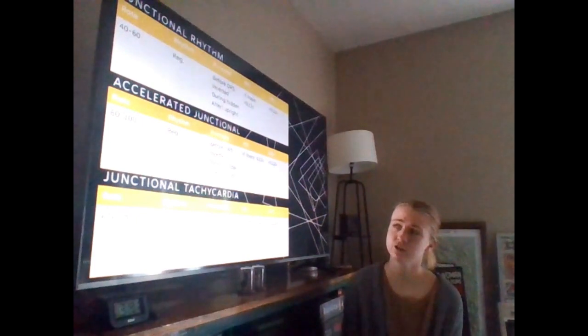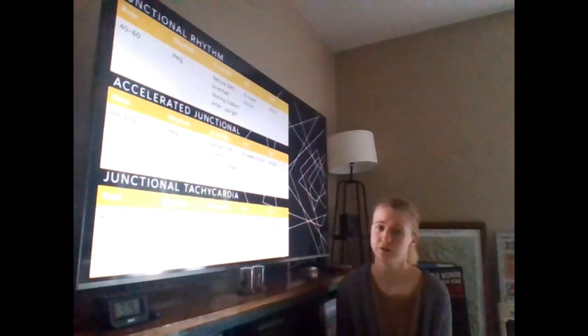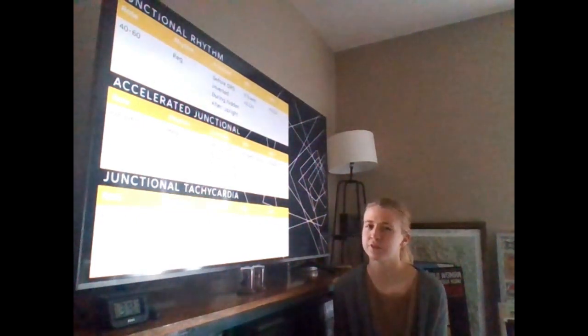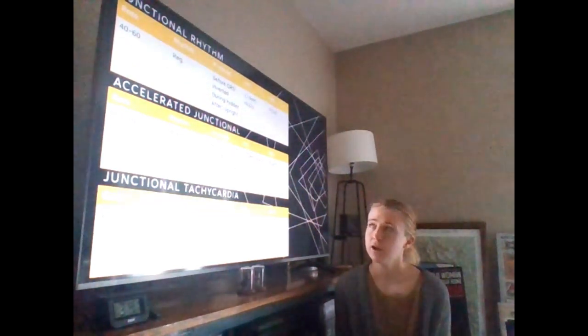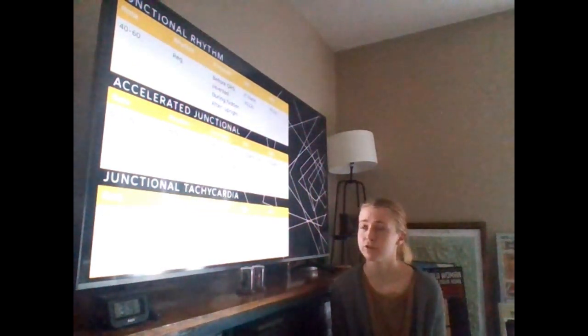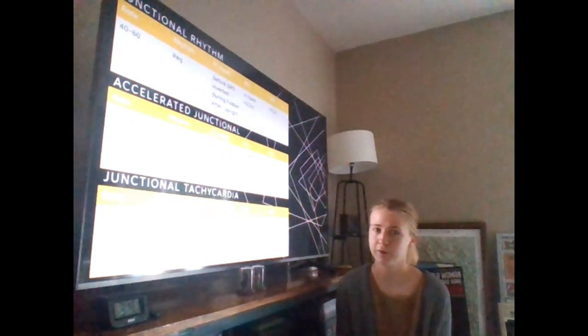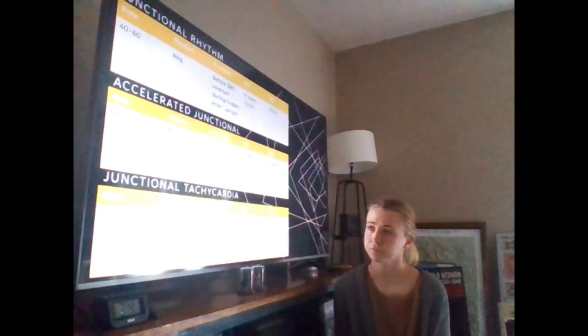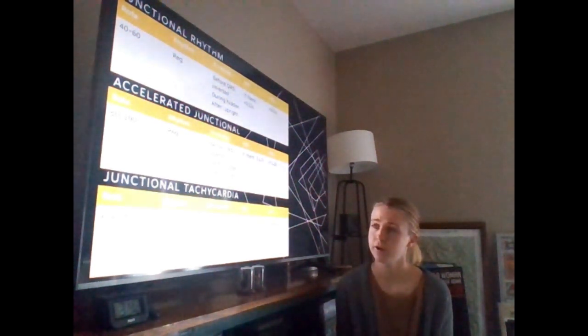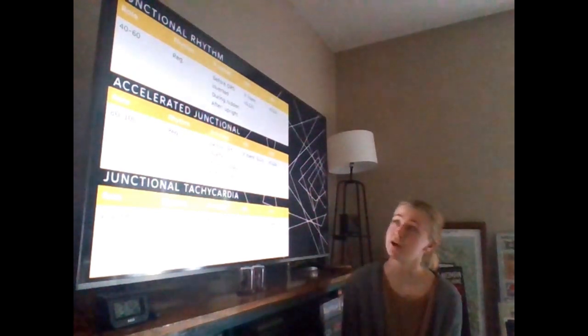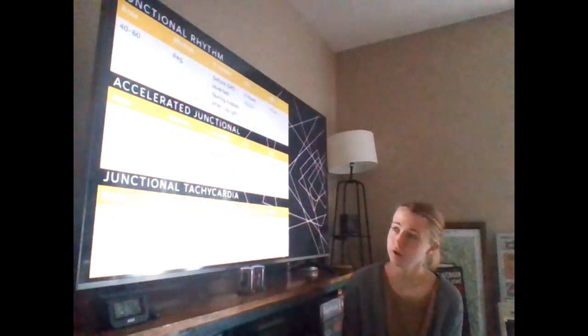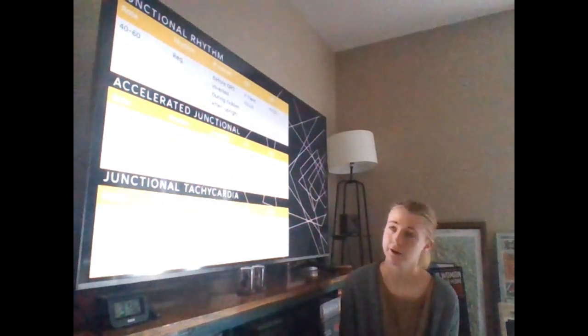So your accelerated junctional is going to be between 60 and 100. This oftentimes will look very similar to sinus rhythm. You'll have to look at your P waves to determine the difference between sinus rhythm and accelerated junctional. And then your junctional tachycardia is even faster than that accelerated junctional. It's otherwise known as JTAC.